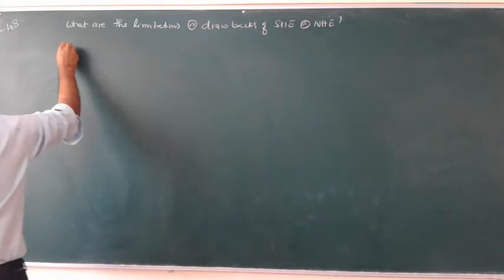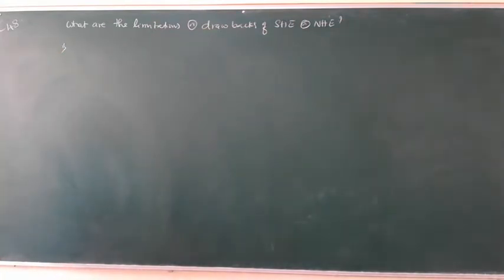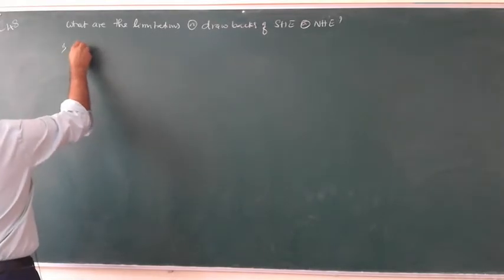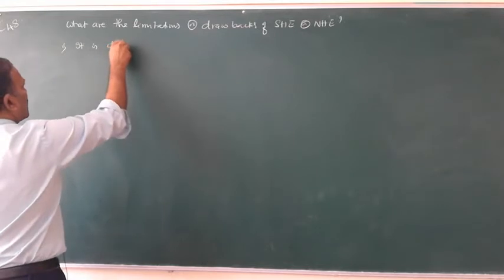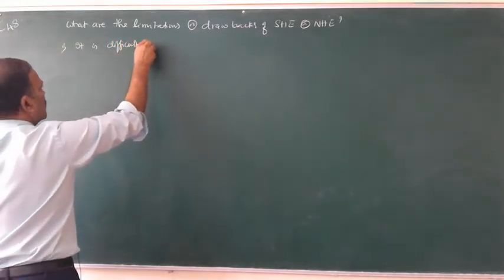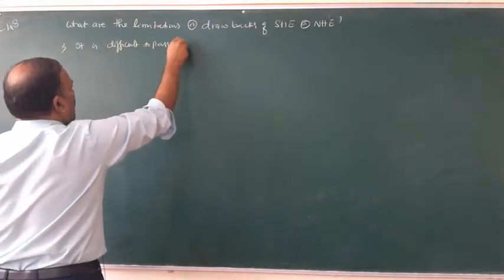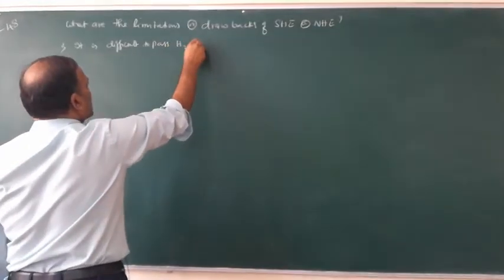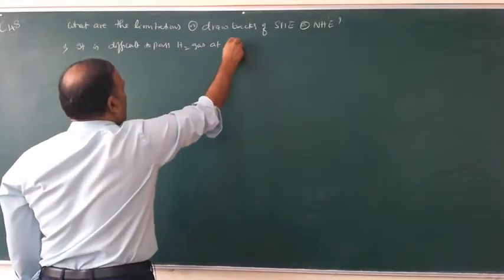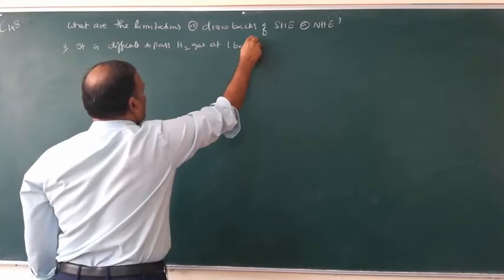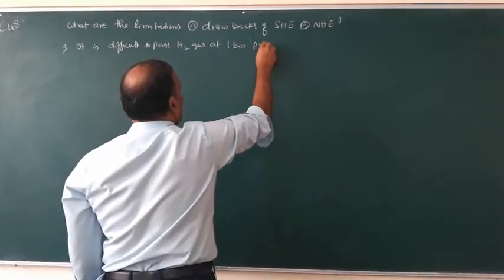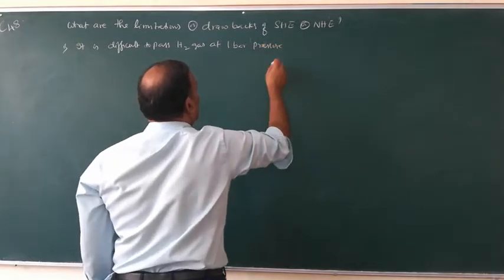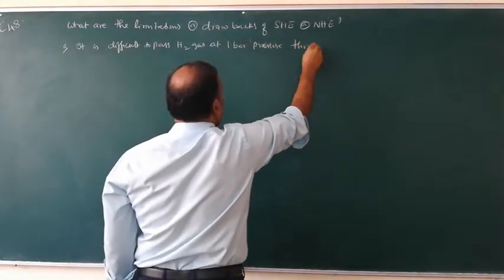So the first drawback or limitation of standard hydrogen electrode, number 1, is that it is difficult to pass hydrogen gas at 1 bar pressure throughout the experiment.